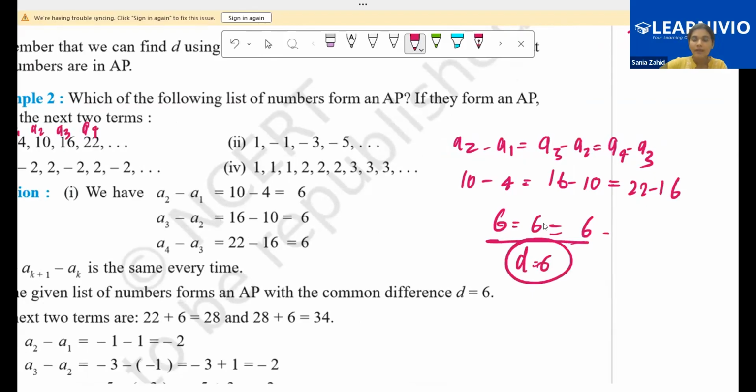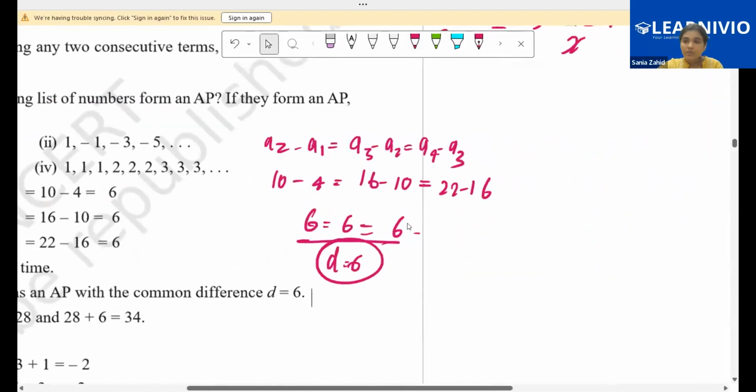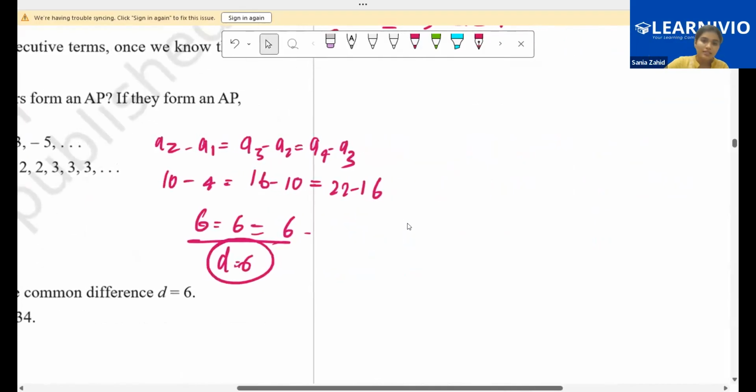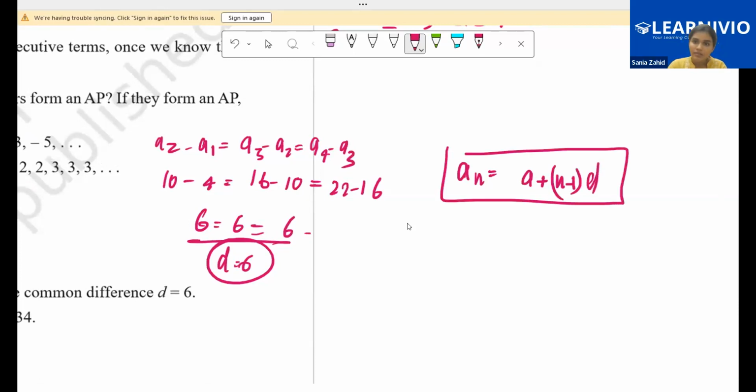Right? And now how will you calculate the next two terms? See, we have the formula to calculate the nth term of an AP. That also we discussed in the last class. What is the formula to calculate the nth term of an AP? A plus n minus 1 and then D. Right? With the formula.